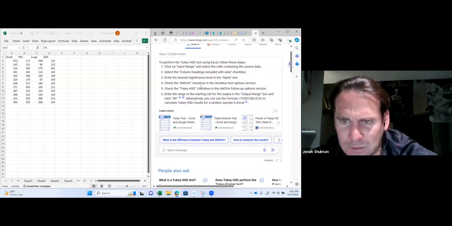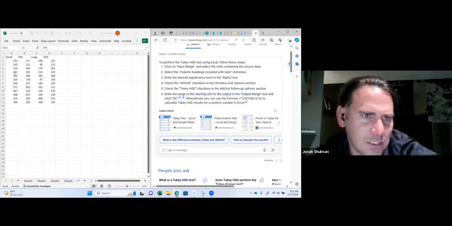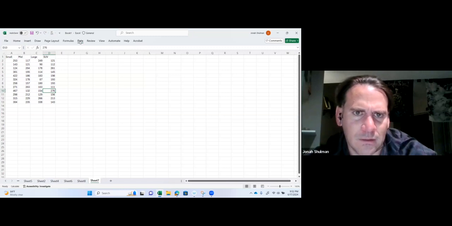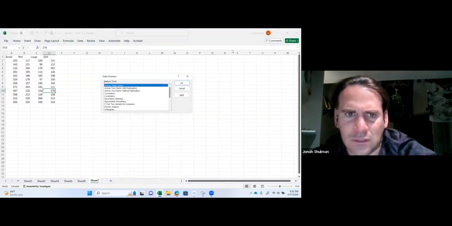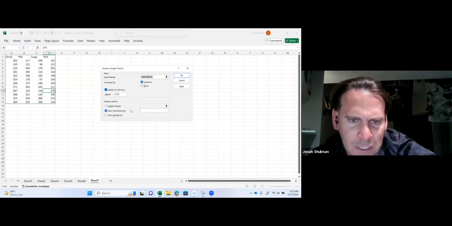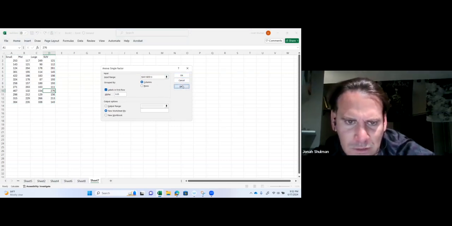To perform this ANOVA, there should be a checkbox. I did not see a checkbox. All right, I'll try one more time. Data analysis, ANOVA. Here's the data. There are some crazy options I'm not seeing.